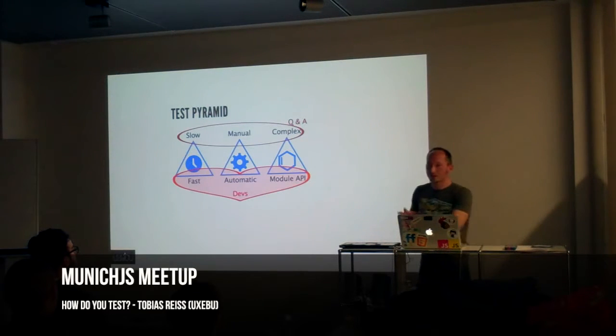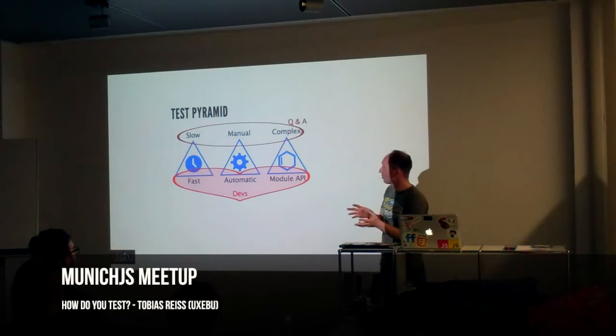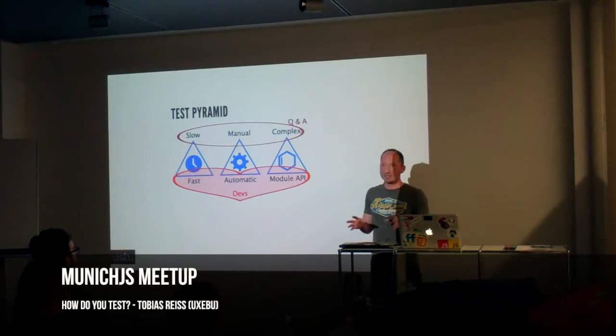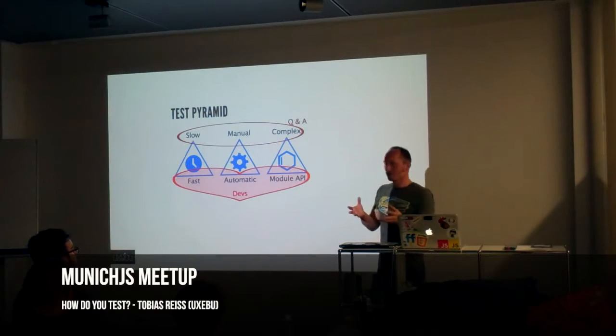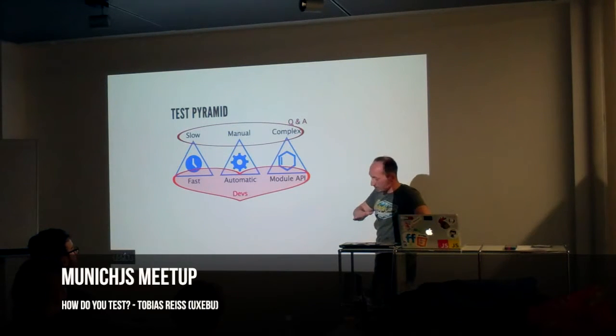And fast, automatic, and unit-based, or module, we just focus on the module, I'd like to address to the devs. And of course, it depends on the resources you have within your company. Sometimes you, as a developer, are not just a developer, you're also the QA. That, of course, can happen, but there are projects where I completely split up those tasks.